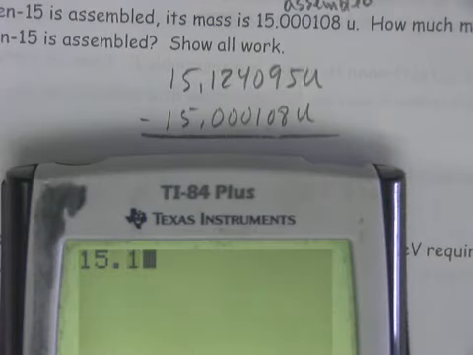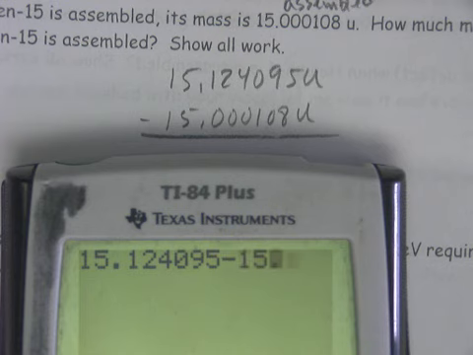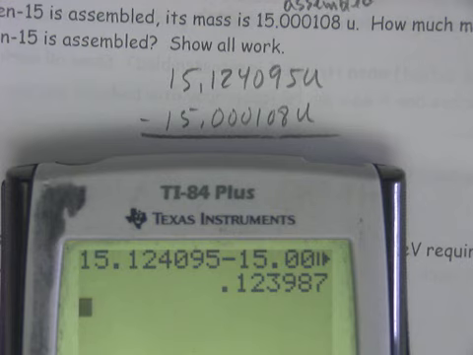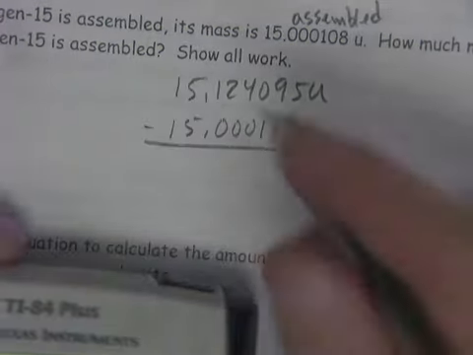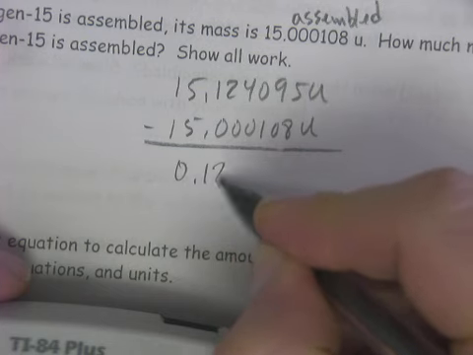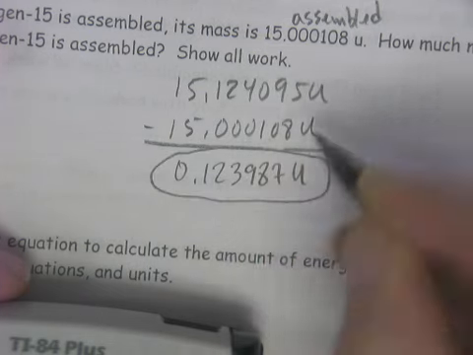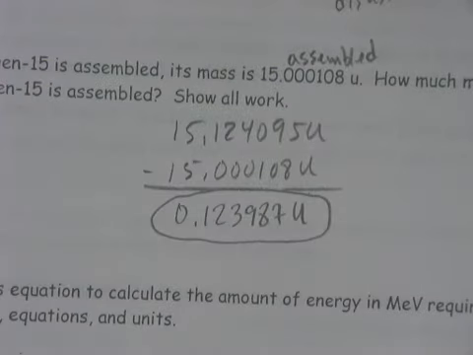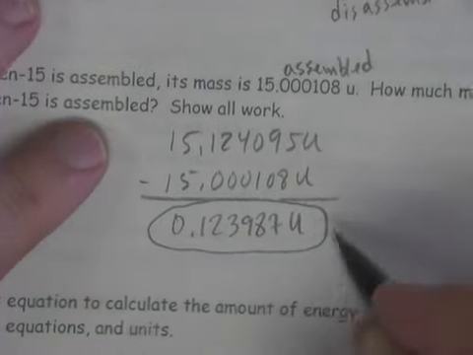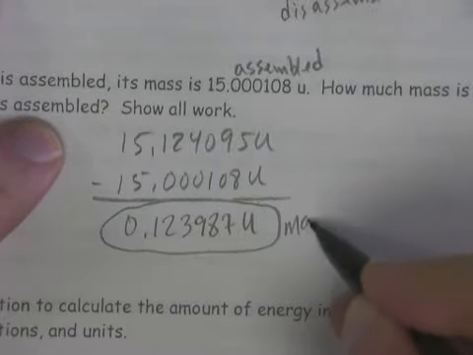So 15.124095 minus 15.000108. Okay, and there's my number, and that is correct. So let's write that one down: 0.123987 U's. Now what does that number mean? Well, this is the mass defect, so I'll put that over here.